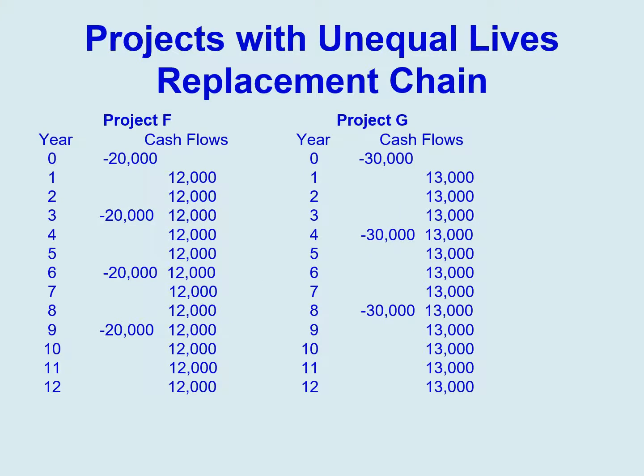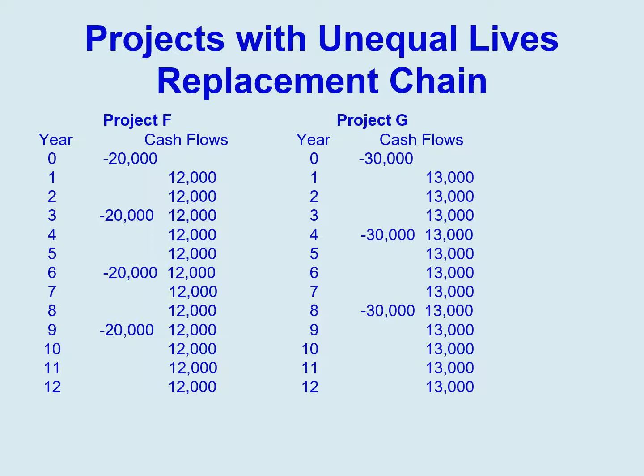So using the same problem I had before, here's how it would look with the replacement chain, where we assume that we can reinvest until the cash flows end at the same time. You've got a 3-year project and a 4-year project, and the least common multiple would be 12.